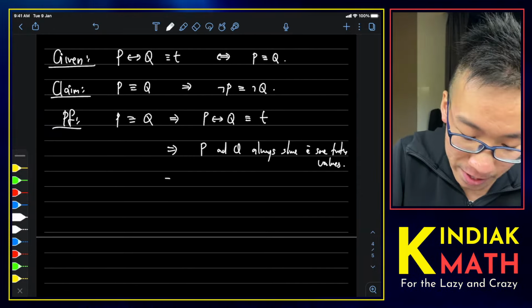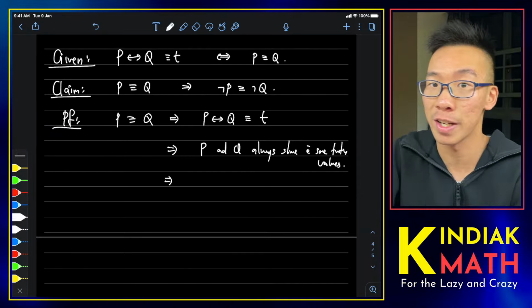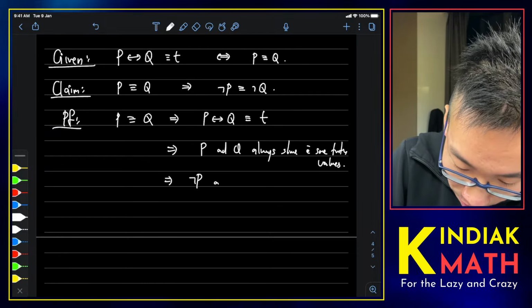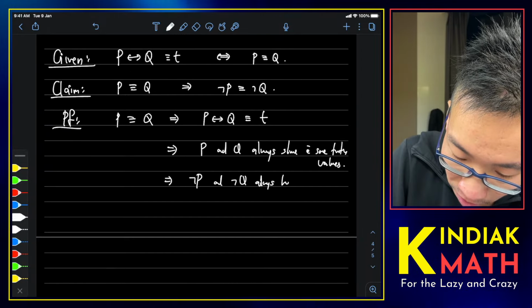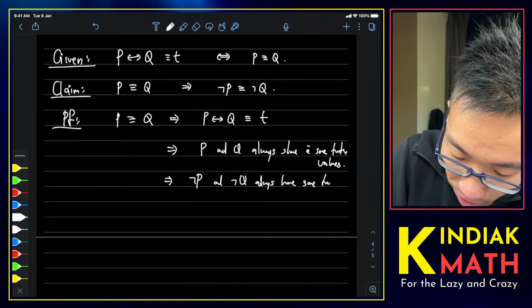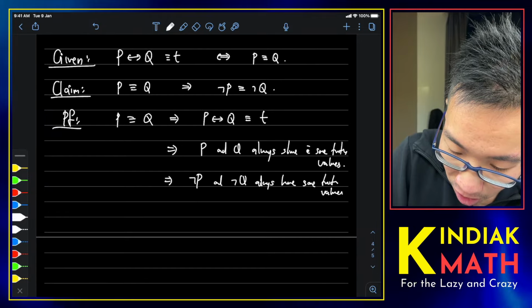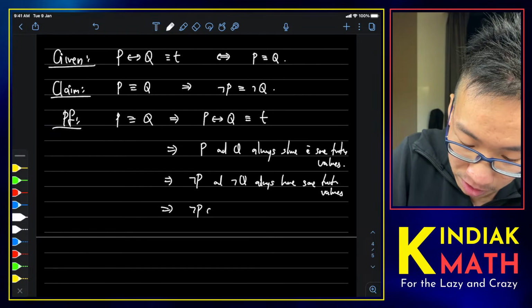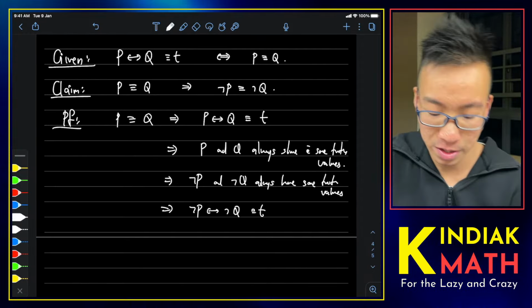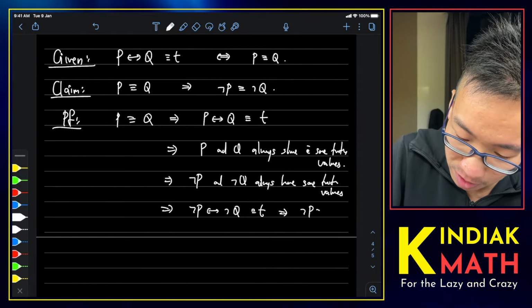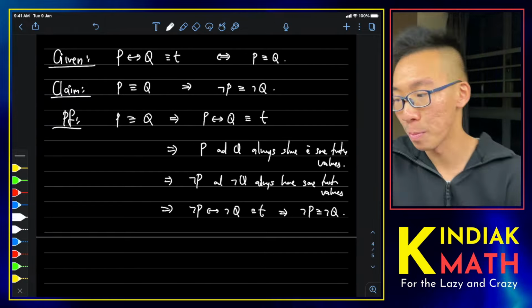But that also means that if you negate both sides, you're going to get the same truth values as well. Which means that this thing is a tautology, which means that the negation of P is equivalent to the negation of Q.